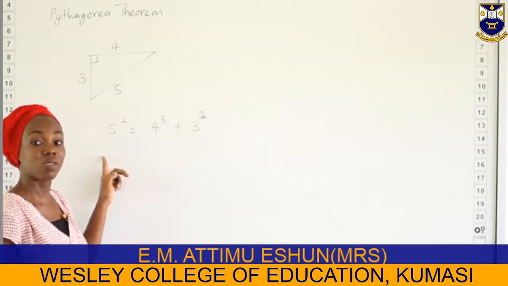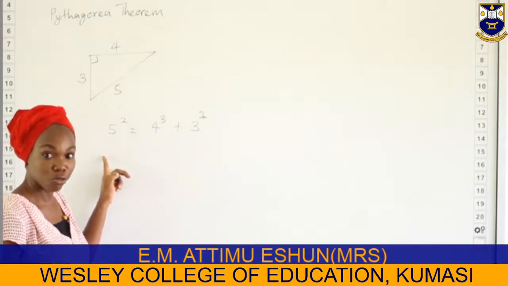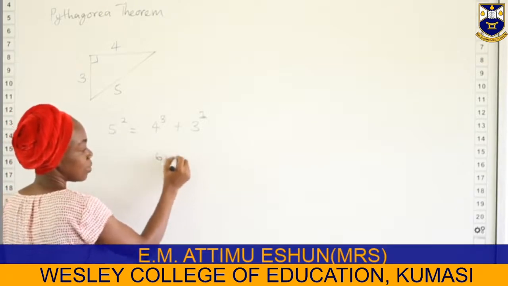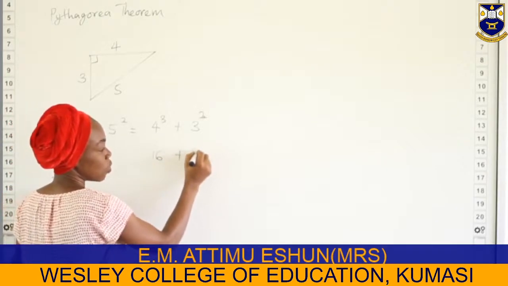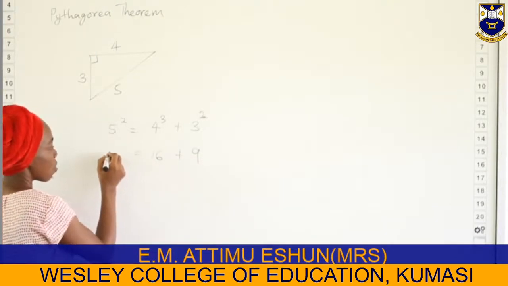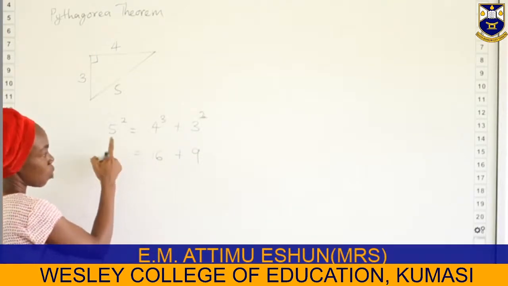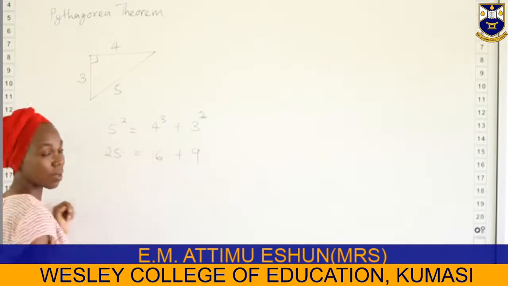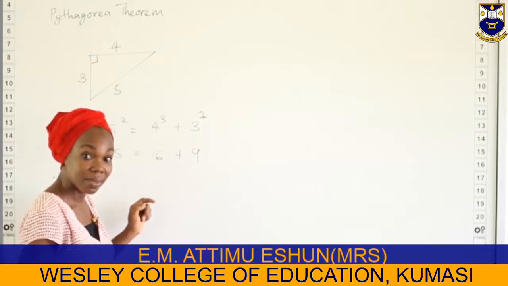Can we check to see if that statement is true? 4 squared will give us 16 and 3 squared will give us 9. And so we have that to be equal to 5 squared, and 5 squared is 25. Is that the case?